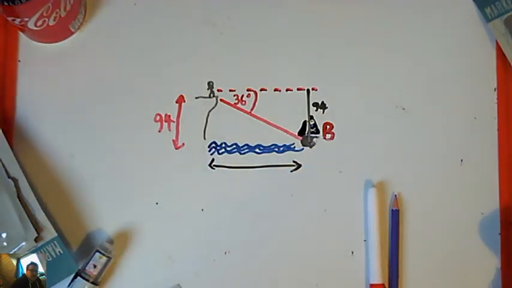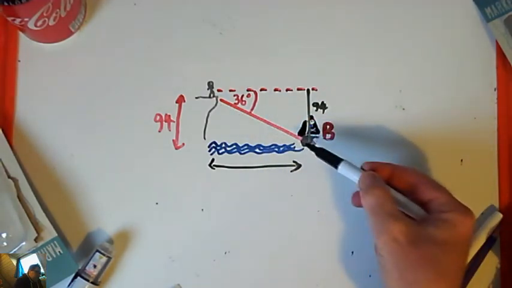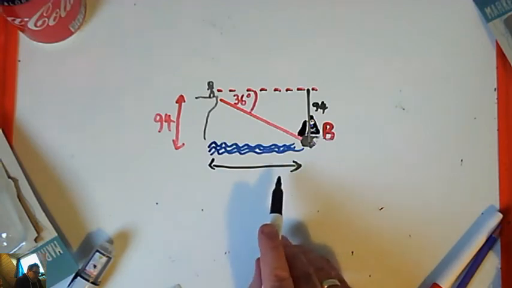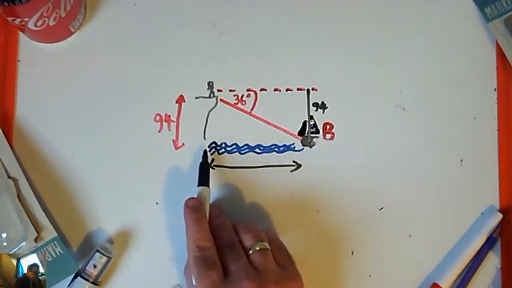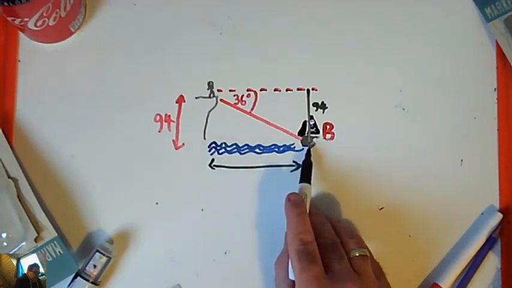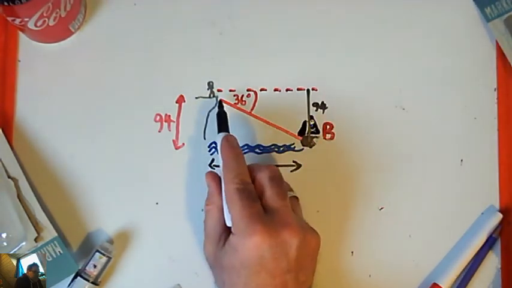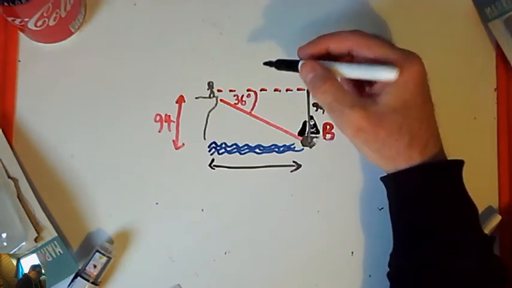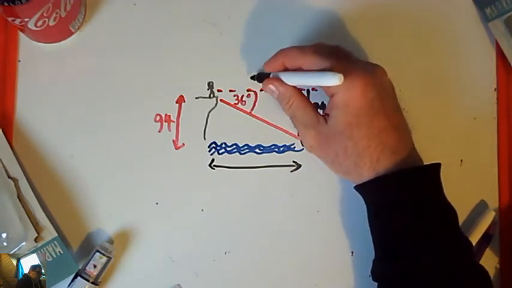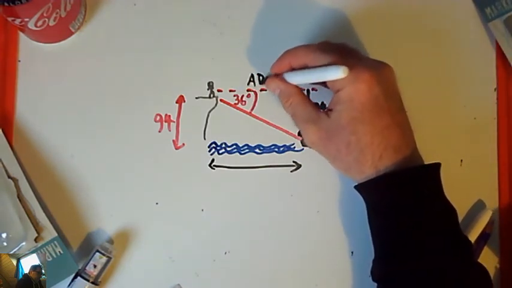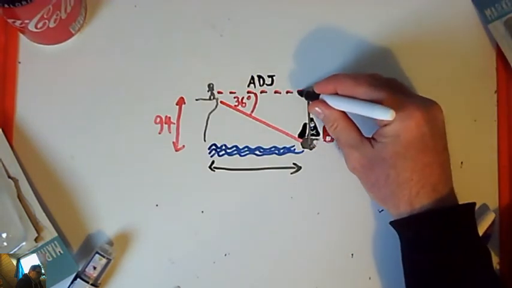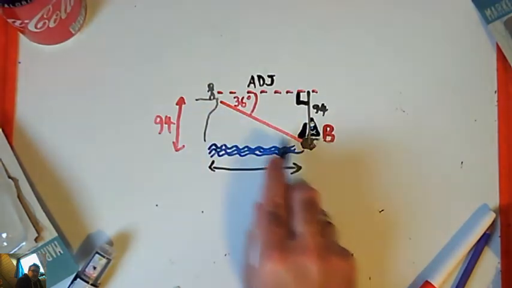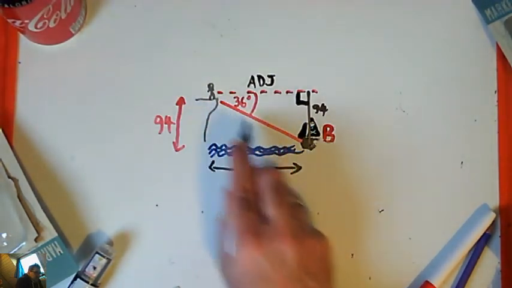So we're not looking to find out the hypotenuse, we're looking to find out the horizontal distance from the bottom of the cliff to the boat, which is the same as this dotted red line along the top. So I'm looking to find, in relation to the 36, the adjacent side, because the right angle's there, so the hypotenuse is that diagonal one.